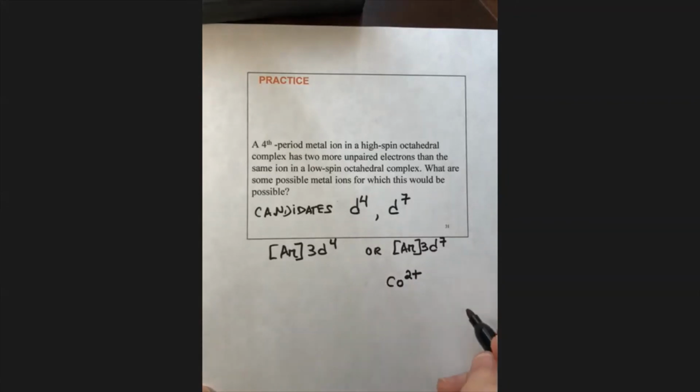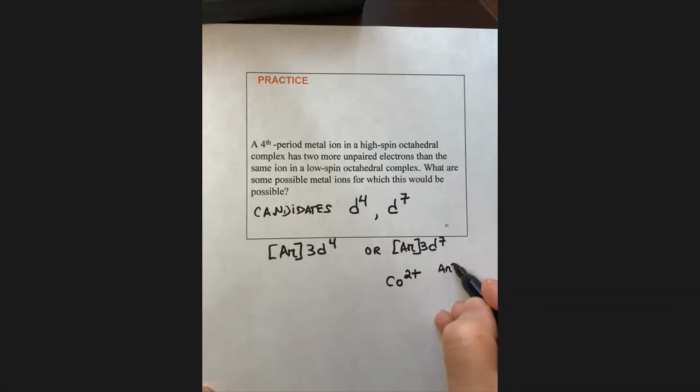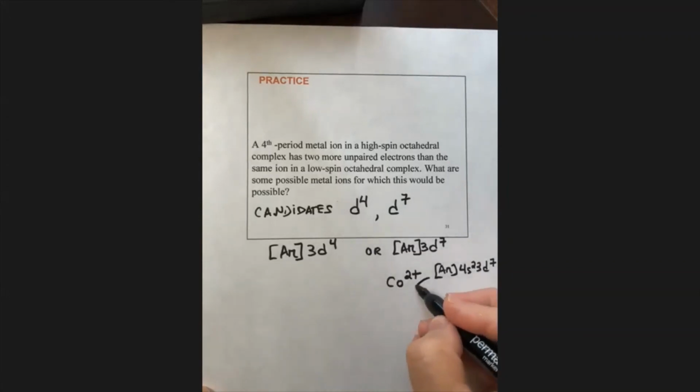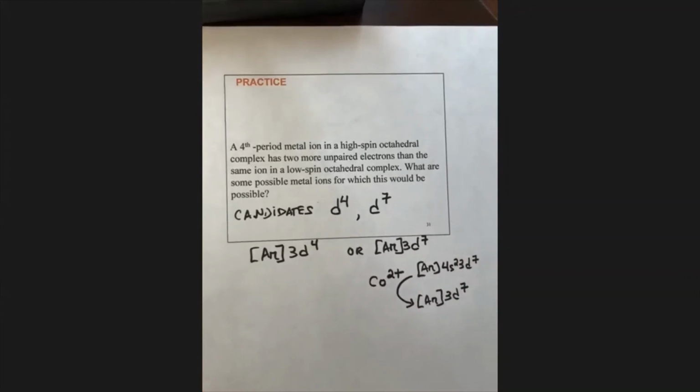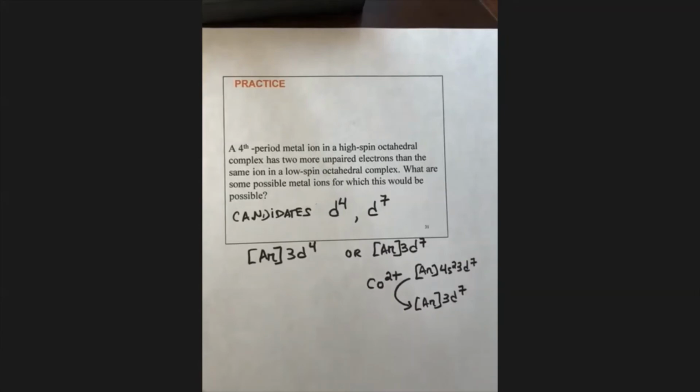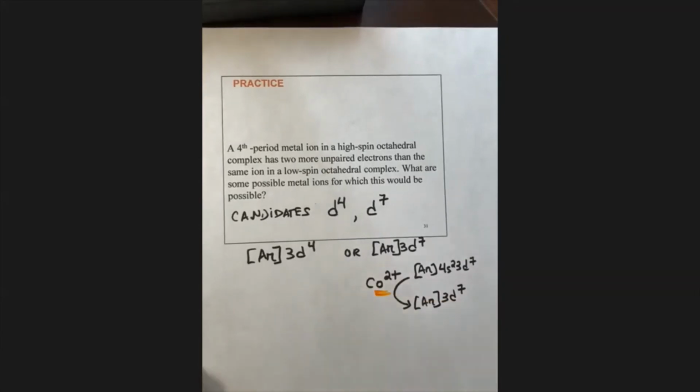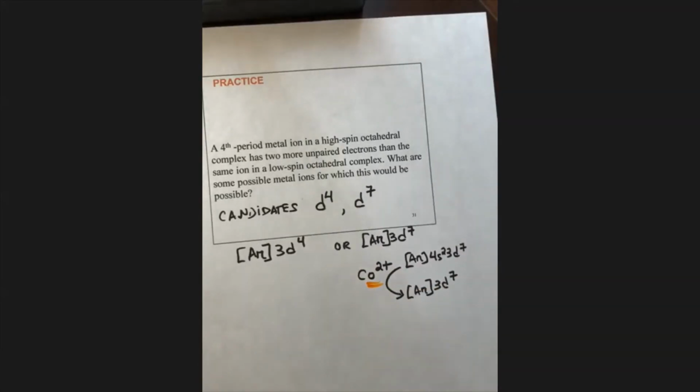Remember that cobalt was argon 4s2 3d7. So if we take only 2 electrons, we could take the 4s2 electrons and end up with argon 3d7. So cobalt 2+ could work. And there's a few more that would work. I'll let you work on that later on, okay?